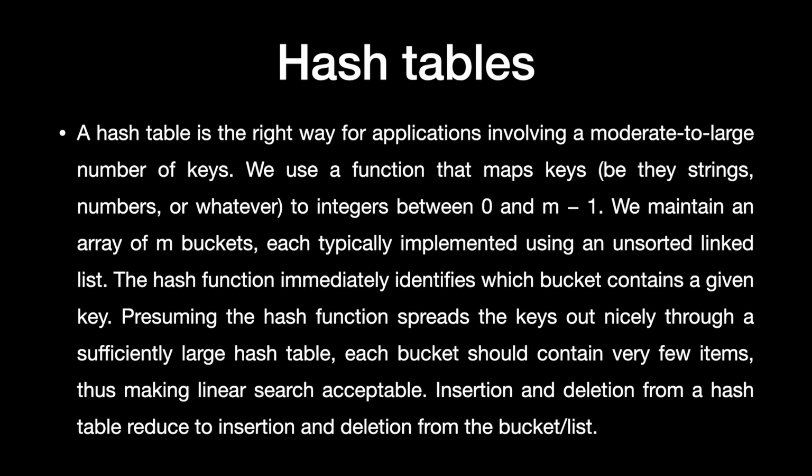The hash function immediately identifies which bucket contains a given key. Presuming the hash function spreads the keys out nicely through a sufficiently large hash table, each bucket should contain very few items, thus making linear search acceptable. Insertion and deletion from a hash table reduce to insertion and deletion from the bucket list.